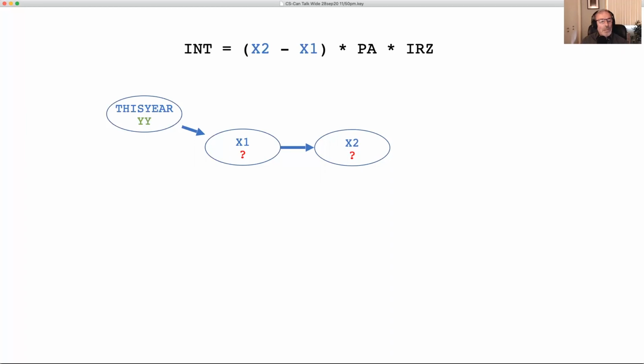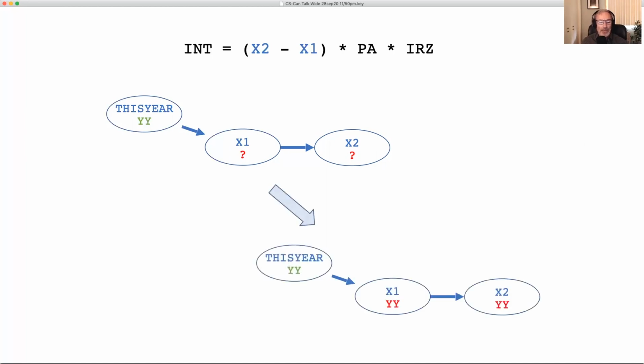So what we can do is we can say, okay, if I know that one of the things has a representation, I know it's a date, the thing called this year. Maybe I know because of its name, or maybe I know from other evidence. It was assigned 1995 or something. And maybe I know its representation because I can see how it was declared. If it's related to X1 and X1's related to X2, well, then this means that.